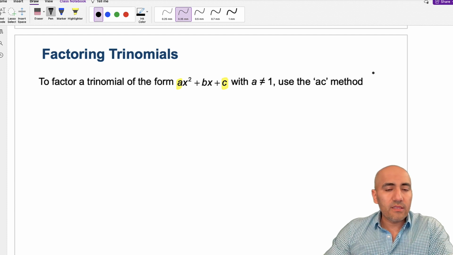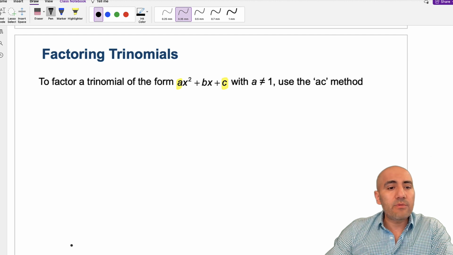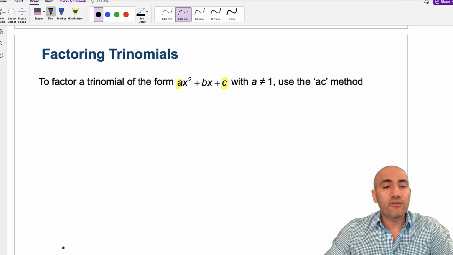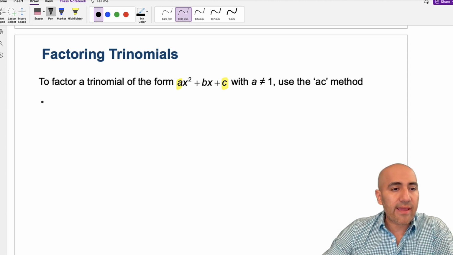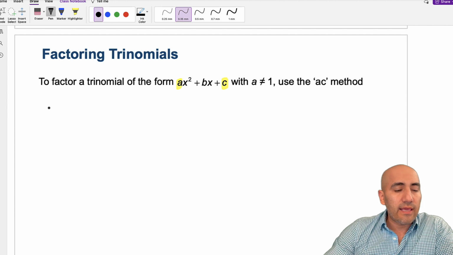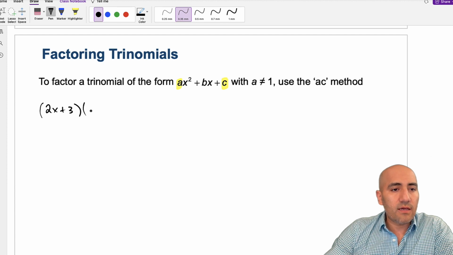Okay, so to illustrate how we're going to use the AC method, I'm going to start again with multiplication and then learn how we're going to undo that process. So let's say, for example, that we are back in the chapter on multiplication and you're asked to multiply 2x plus 3 times, say, 5x minus 2.